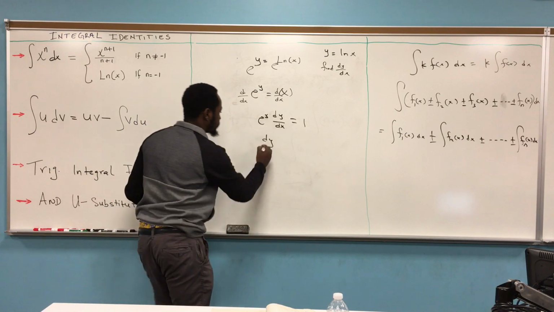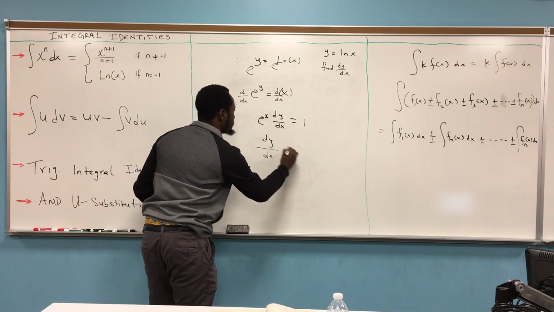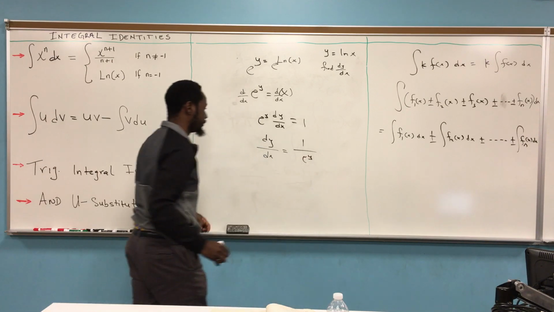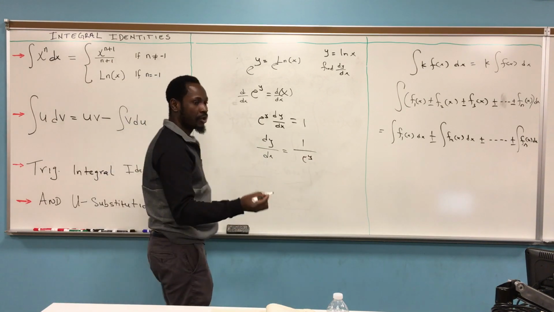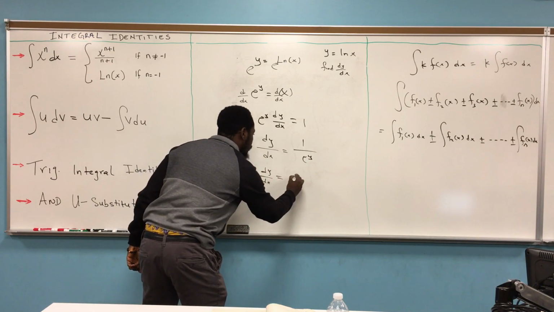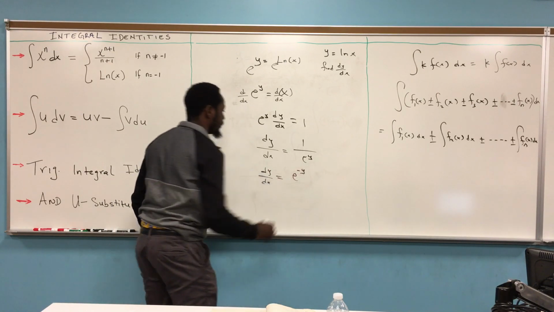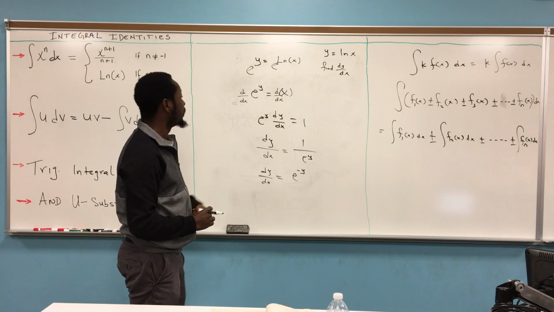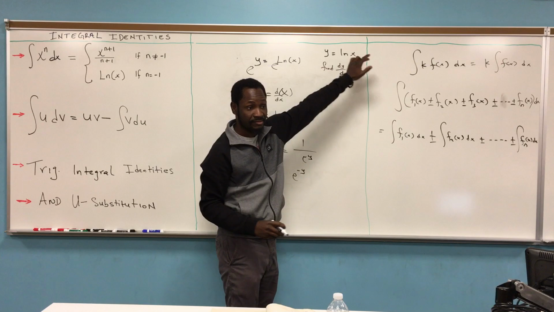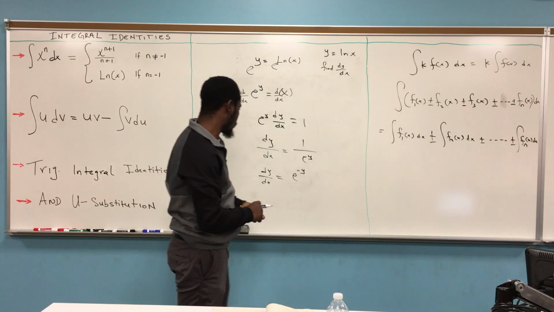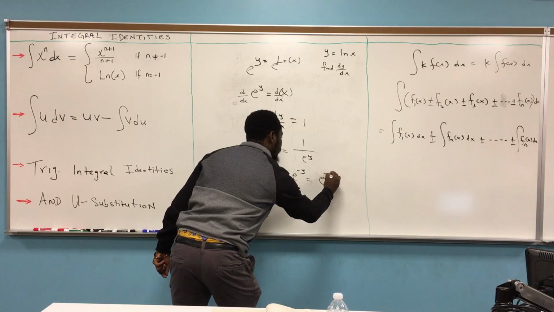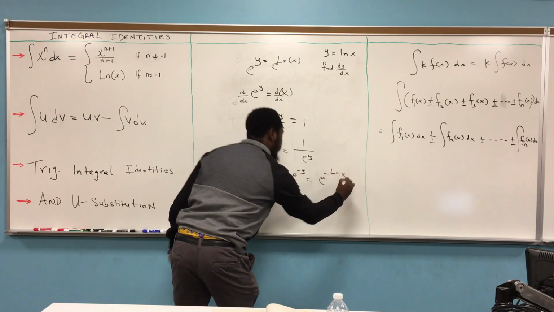So I can just divide both sides by e to the y. So I have 1 over e to the y. From the law of indices, you have dy dx is equal to e to the negative y. Now, recollect that natural log of x is y. So I can update this and I'll have e to the minus natural log of x.